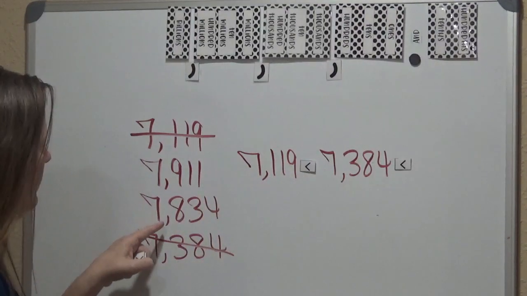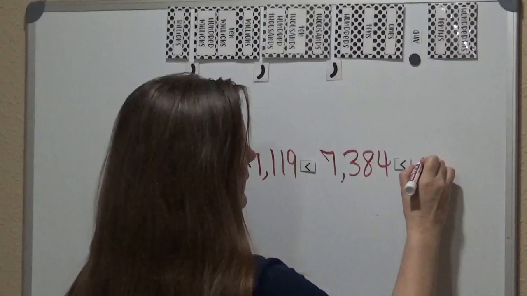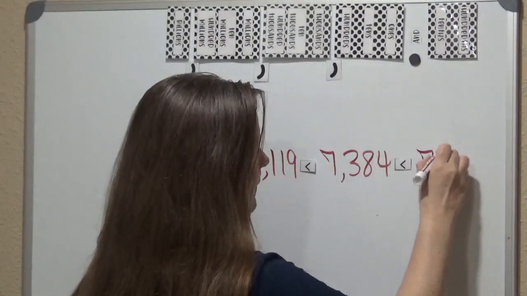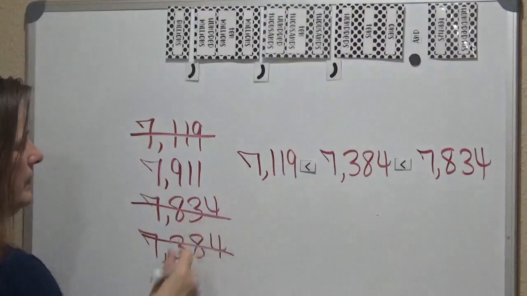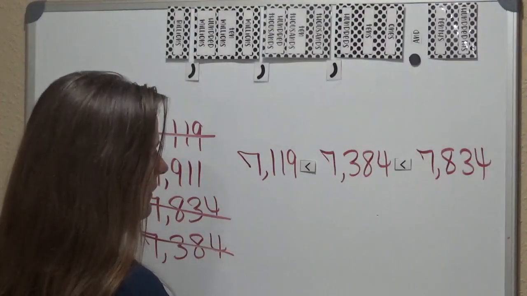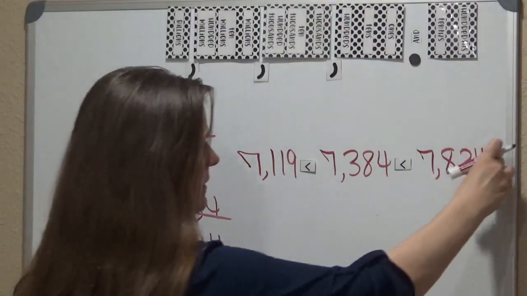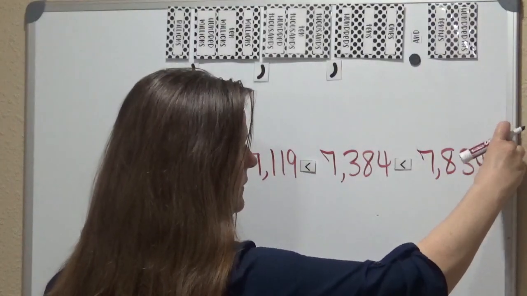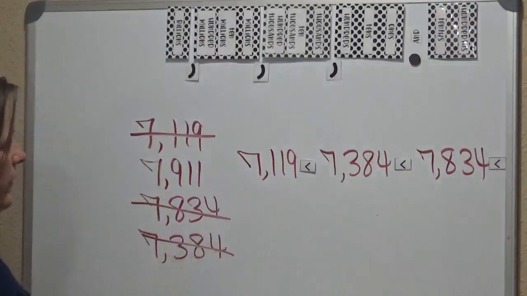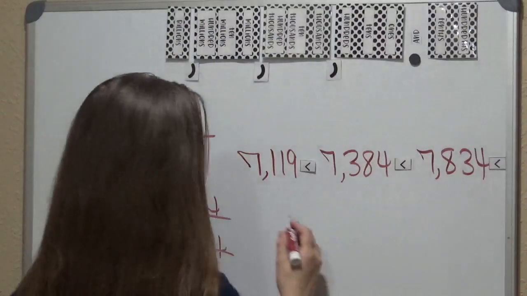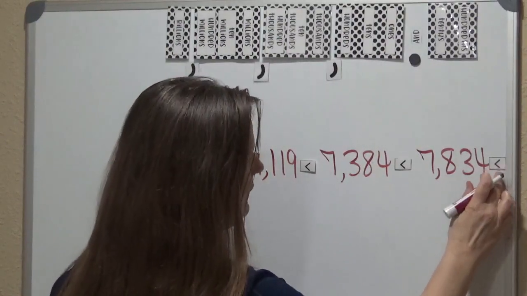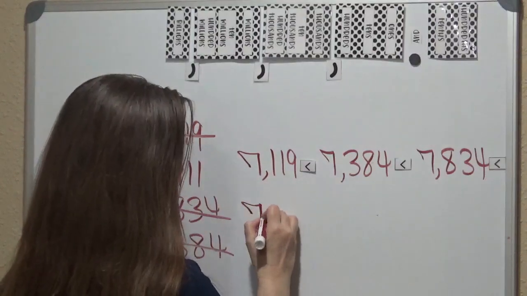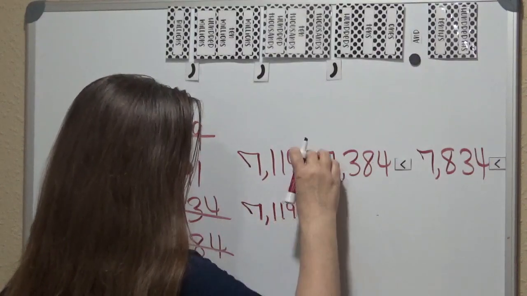Then we go to the next one, 7,834. And then, of course, this would point towards that amount because it's smaller. And then we have 7,911. So let me write this out a little bit smaller so you can see it.